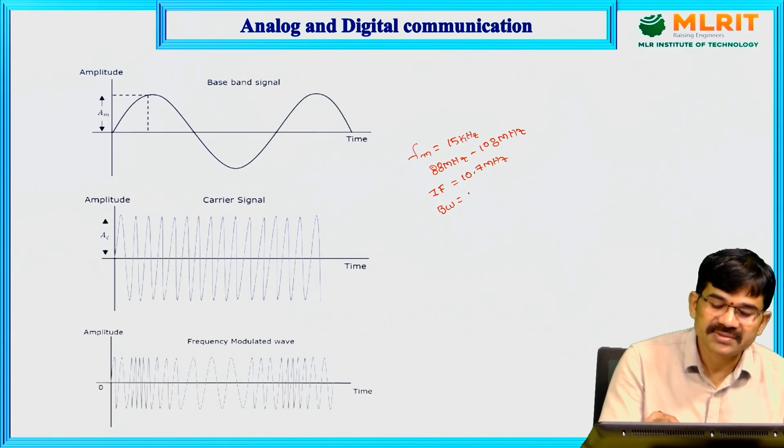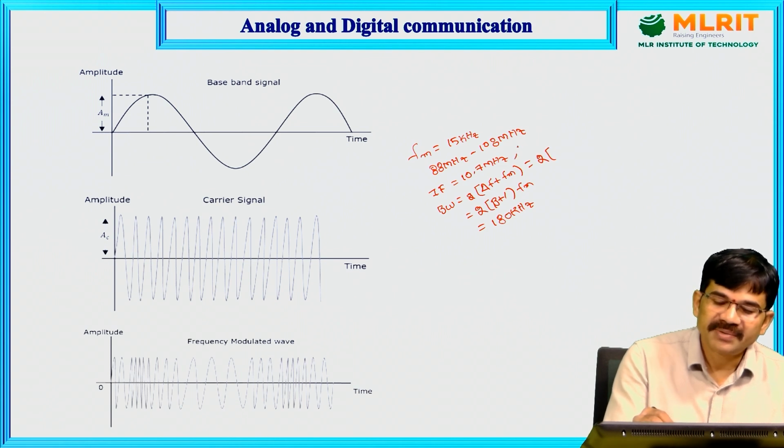The bandwidth of FM we can calculate as per Carson's rule. According to Carson's rule, bandwidth is defined as 2 into (delta f plus f_m), or 2 into (beta plus 1) into f_m, which is approximately 180 kilohertz. Here, delta f is the frequency deviation, which for FM is 75 kilohertz.